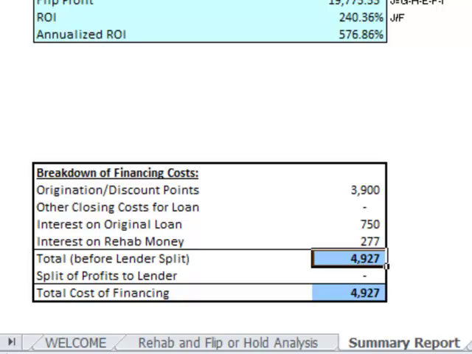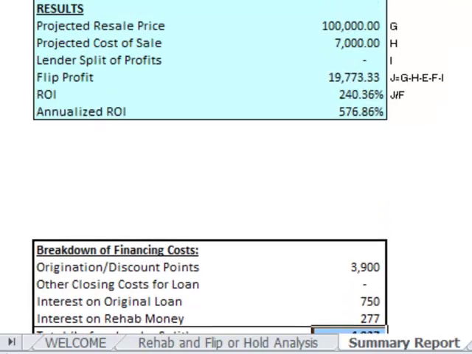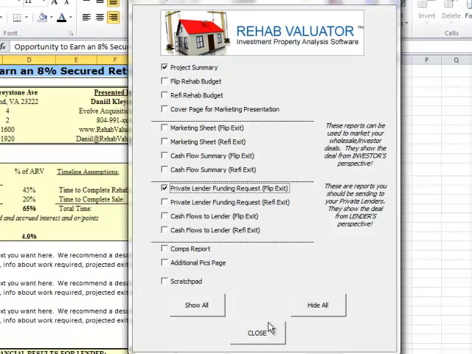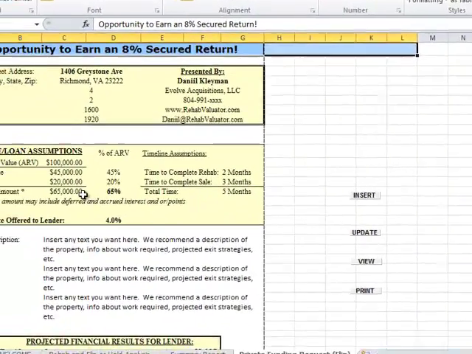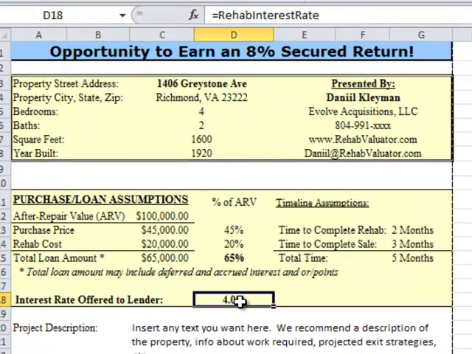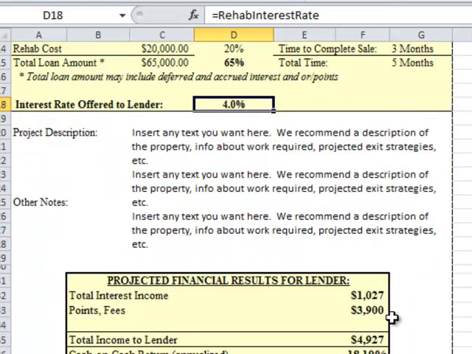So if you were to present this to your lender, again, let's go back to the marketing sheet, right? Same thing. You're saying, look, write me a check for $65,000. I will pay 4% interest on this money, and I will also pay you $3,900 in points.